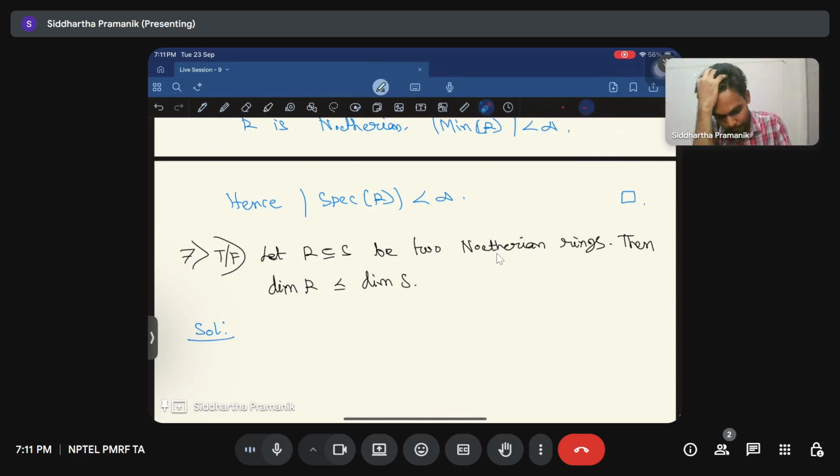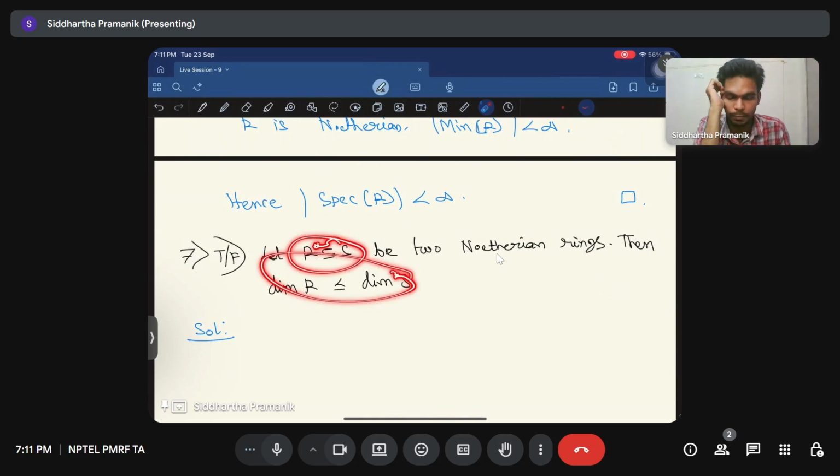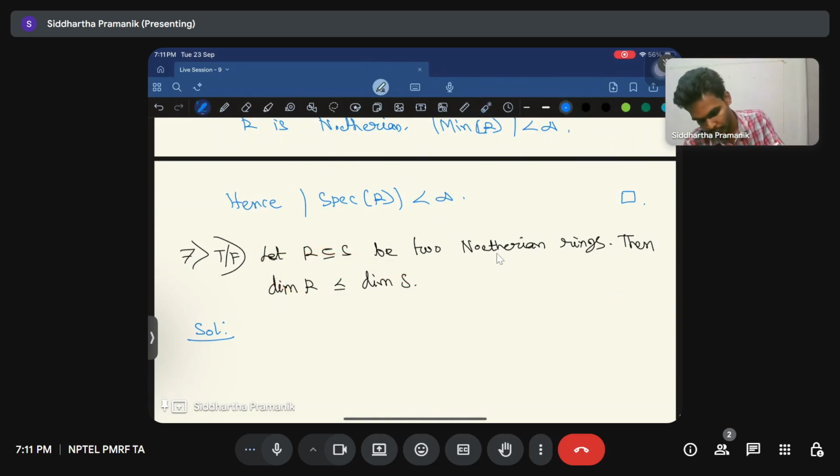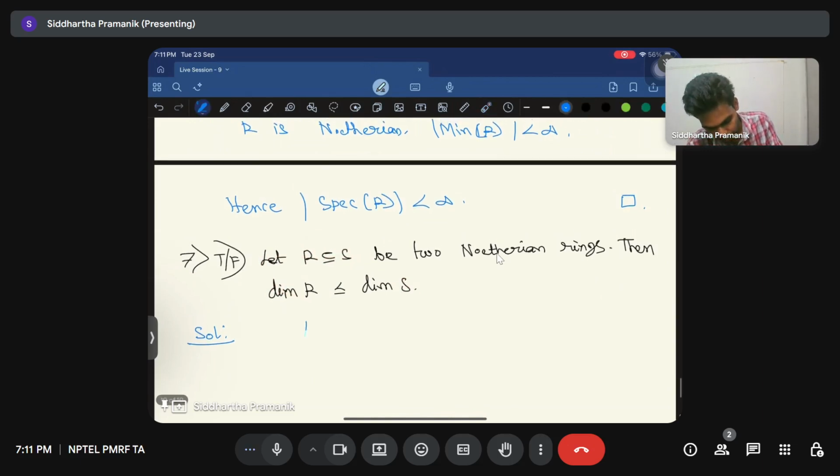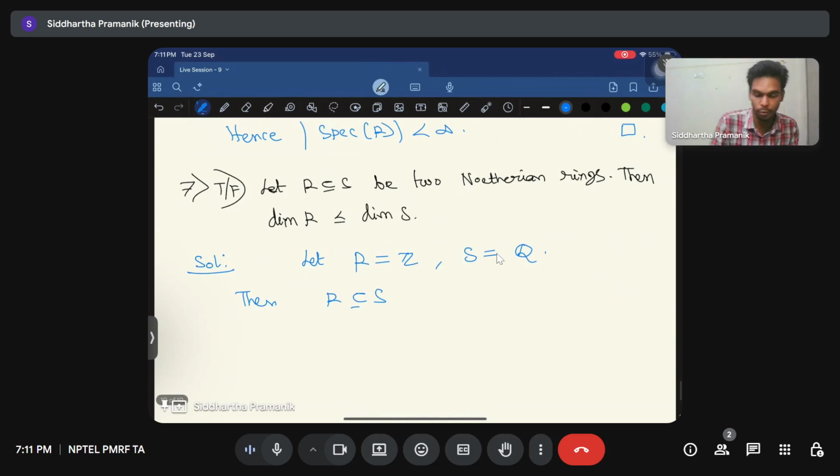So if this extension is an integral extension, then this is true. That is what we have already seen. But if it is not an integral extension, then what happens? So let R be the ring of integers Z and S be the field of rational numbers. Then clearly R is contained in S, but what is dimension of Z and dimension of Q?